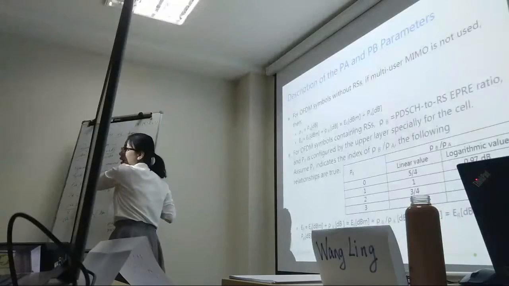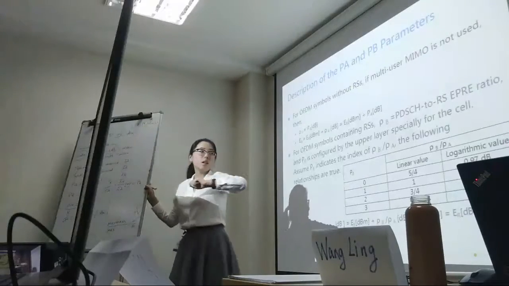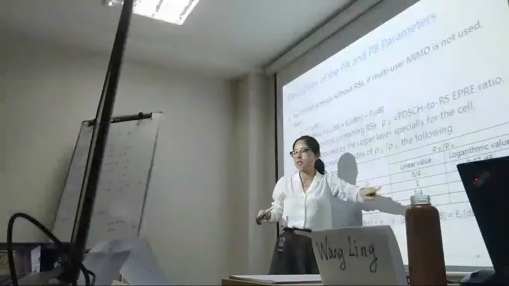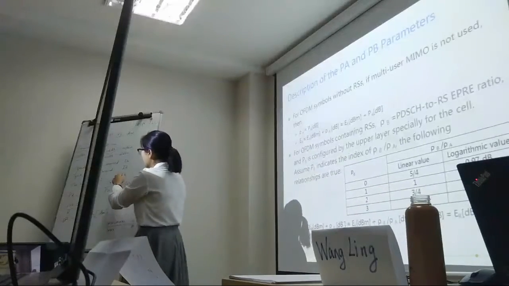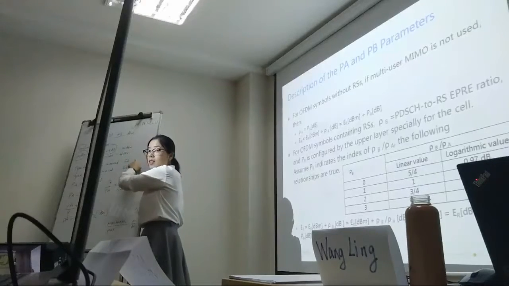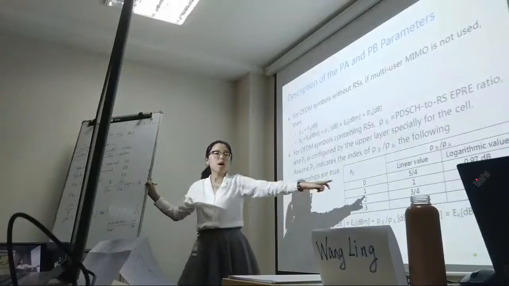If the PB is 1, the value is 1, that means the type B RE equals type A RE. Here is 1, so it's the same.